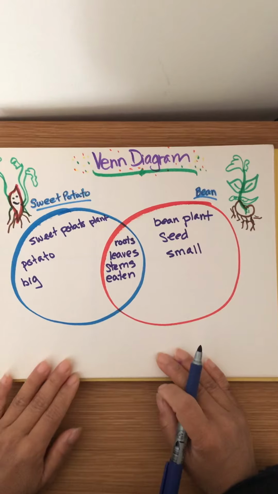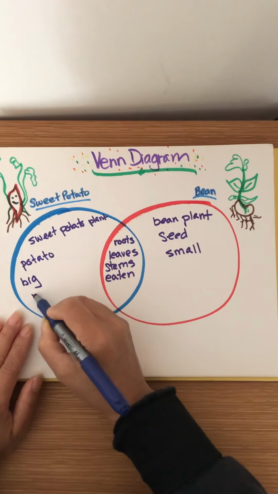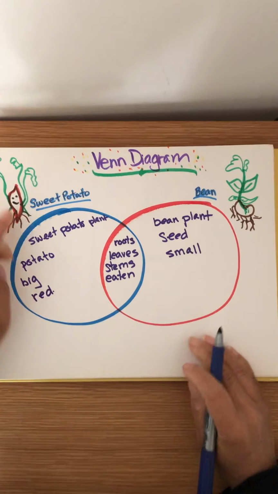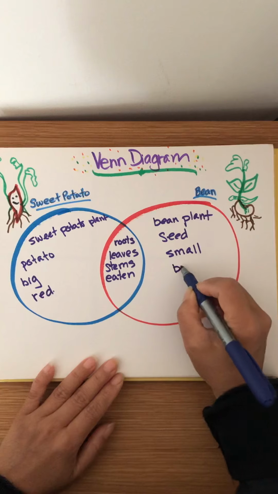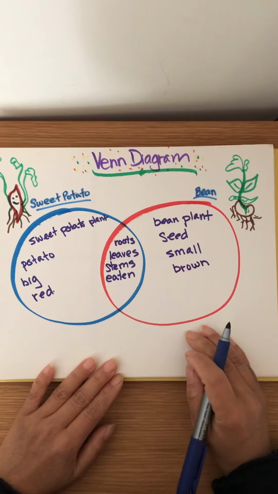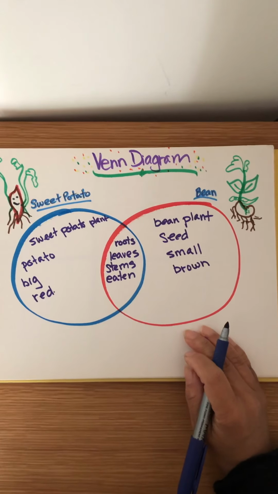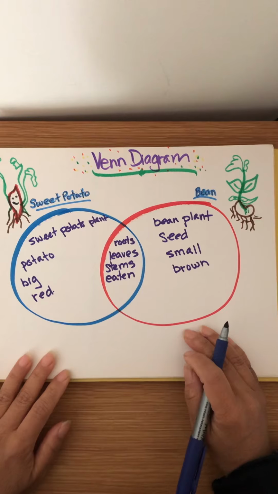Well, Mr. Sweet Potato is a different color. Sweet potatoes are red. The bean is not red. They're usually brown. Some of you probably used some black seeds, a black bean seed, or some of you used mungo, which is a type of green bean seed.